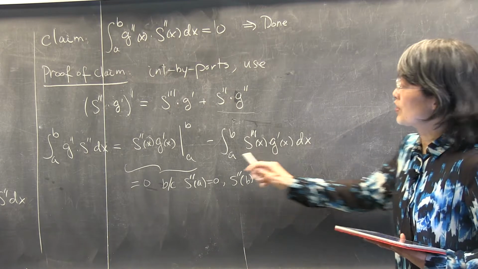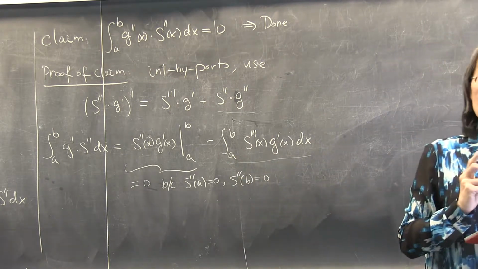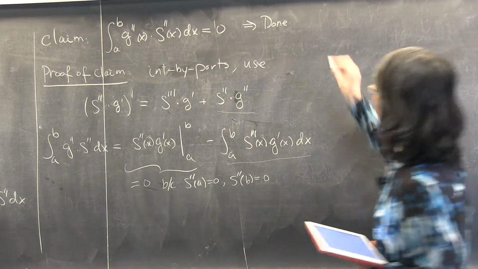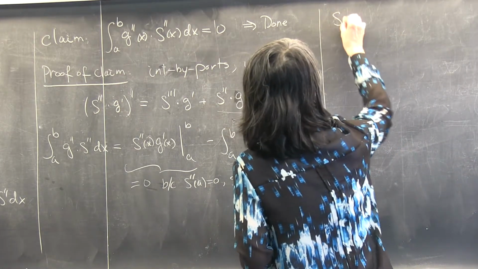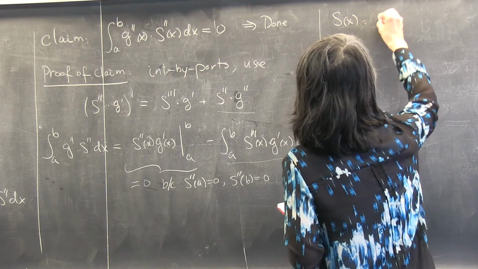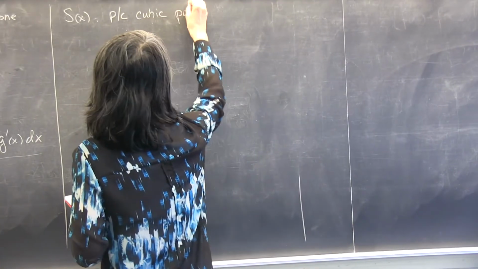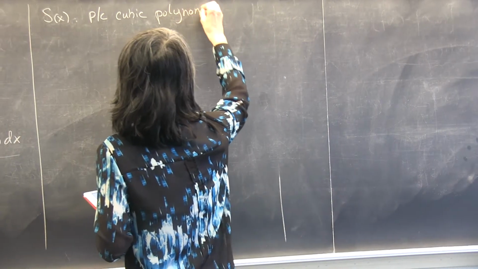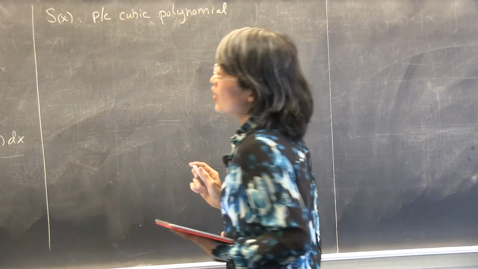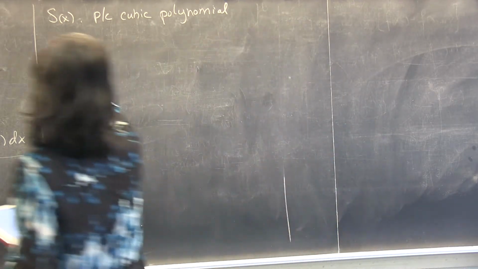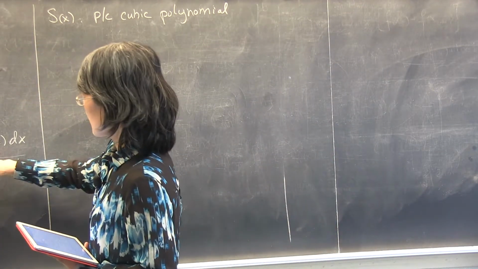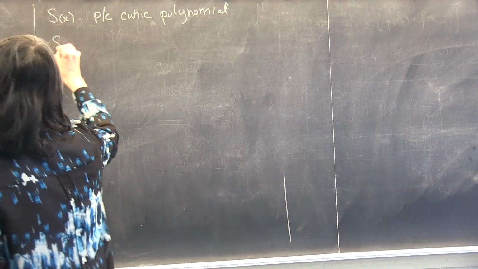Then we have to show the last term is 0. So how can we show the last term is 0? Let's look at it. So what do we know? We know S of x is a piecewise cubic polynomial. So on the interval from ti to ti plus 1, it's a cubic polynomial. And here we are integrating S triple derivative.